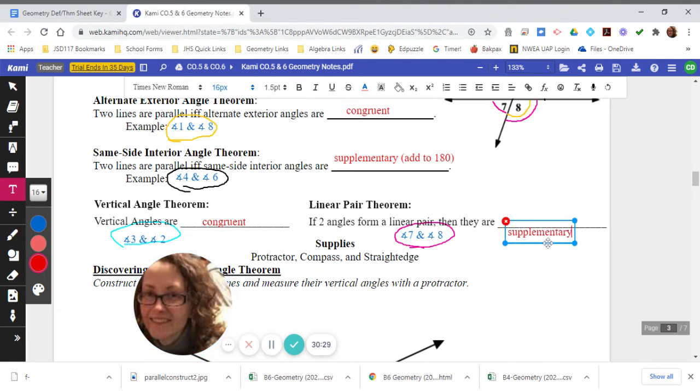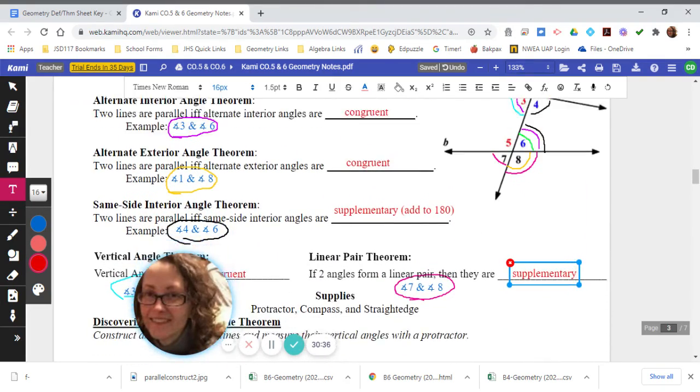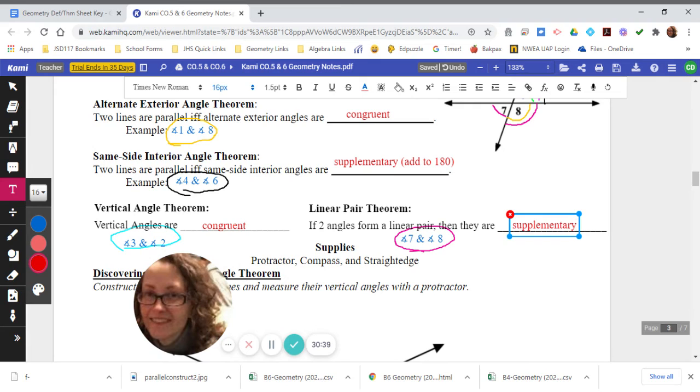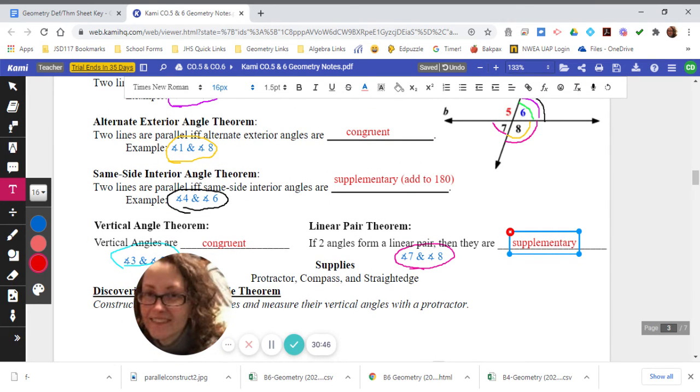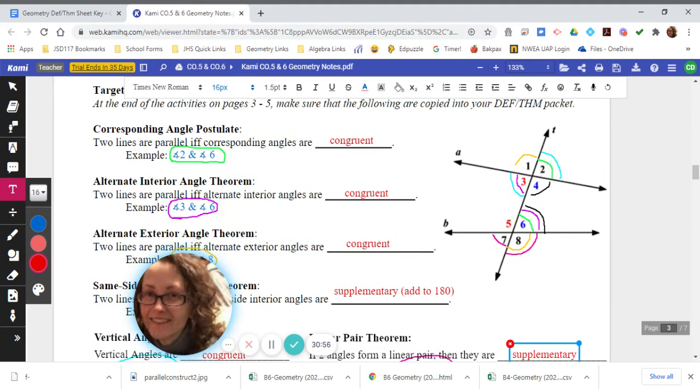If you notice, I only have two options for my angles. They're either going to be congruent or supplementary, and that's it. I'm either going to have them adding up to 180 degrees or they're going to be exactly the same. And that's going to work for all of these angles as long as I have parallel lines. That is so important that for these top four postulates and theorems here, those lines have to be parallel.